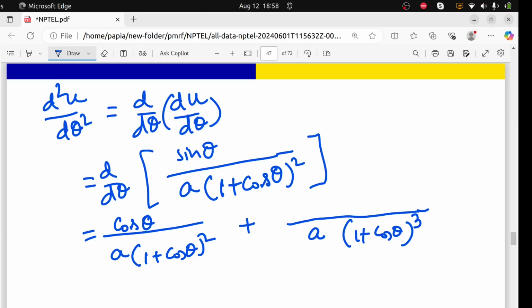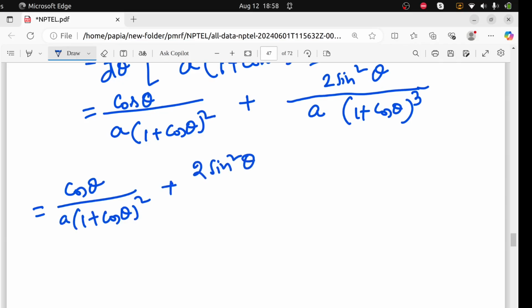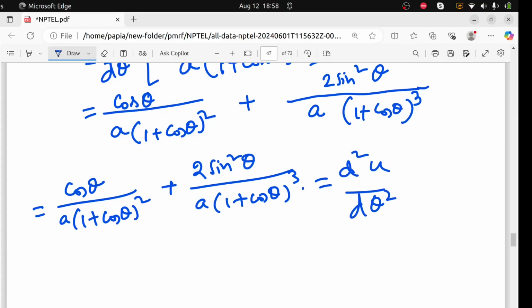It will be simply cos theta over (1 plus cos theta) whole square plus 2 sin square theta over a into (1 plus cos theta) to the power 3. And this is d2u by d theta 2.